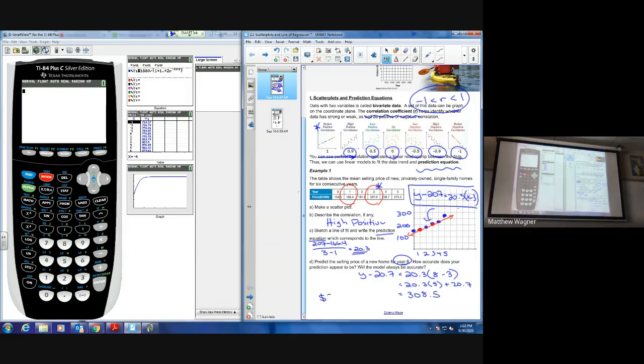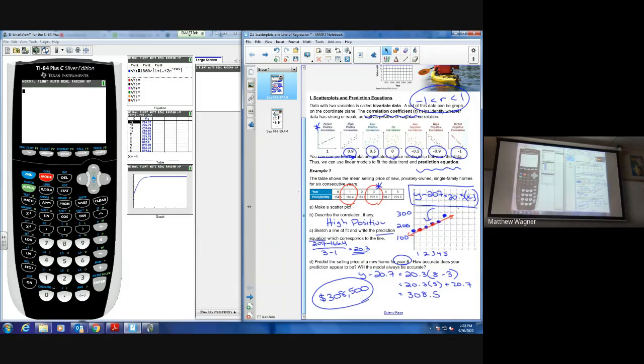So in year 8, it looks like the price of homes is going to be $308,500. And the final question is, does it seem like that's pretty accurate? Yes, it does, given our model. Will the model always be accurate? Probably not, because home values fluctuate with the market, so they might not always coincide.